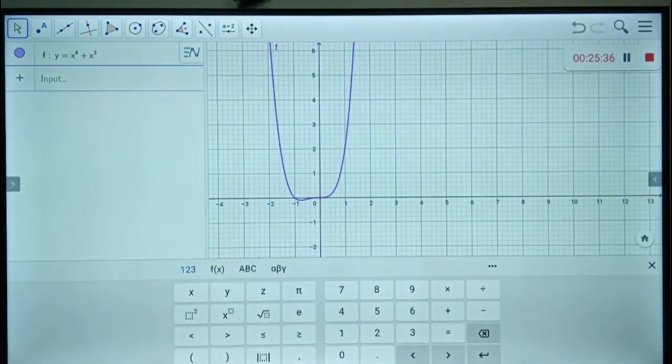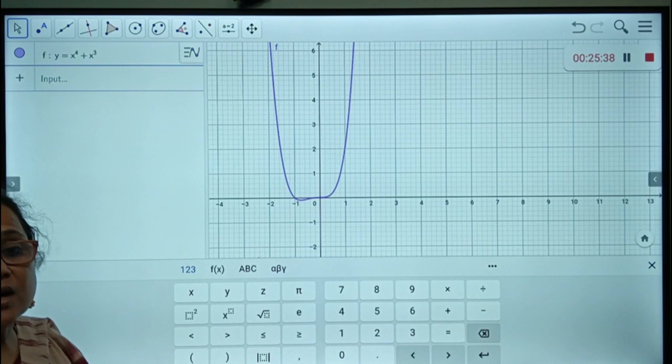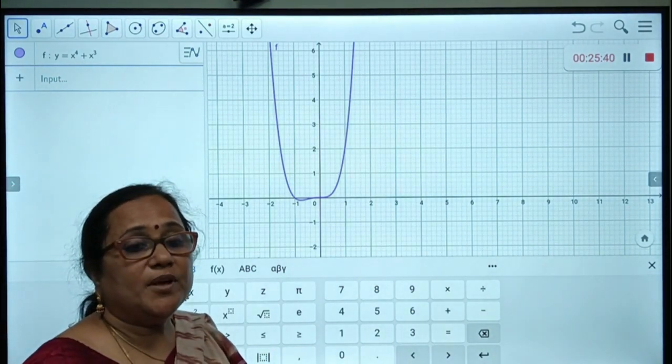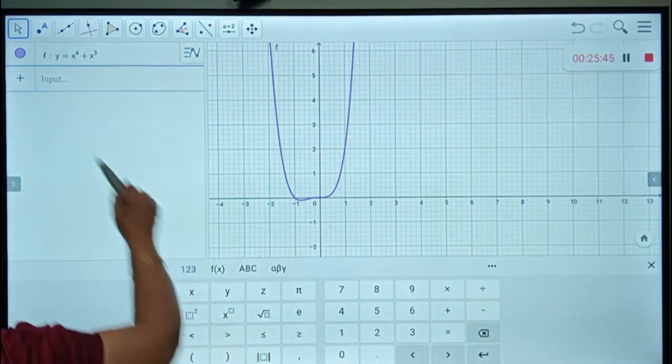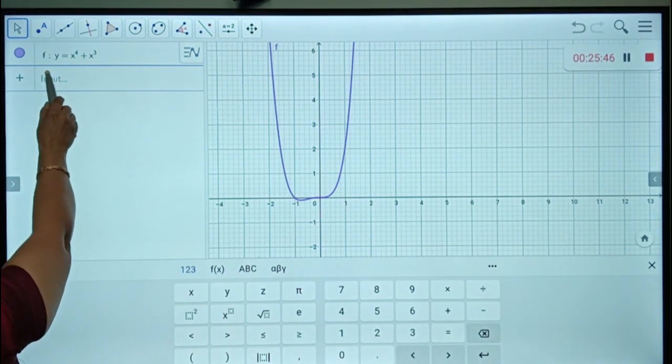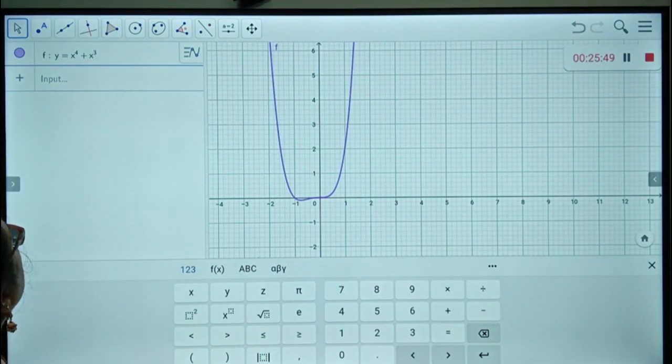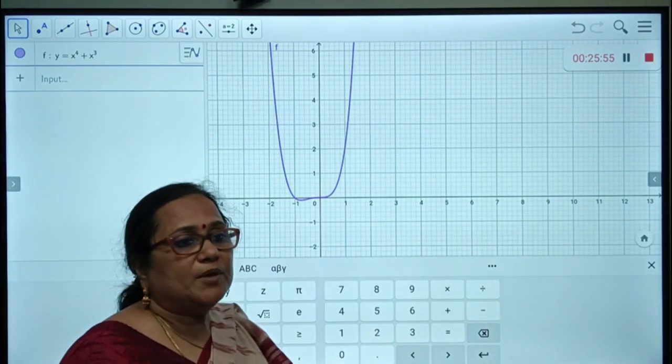So what do you observe? This is a biquadratic polynomial. A polynomial whose degree is 4 is called a biquadratic polynomial. If you look at the polynomial, what is the highest power of x? The highest power of x is 4. So here we have x power 4 plus x cube. So the degree of the polynomial is 4.